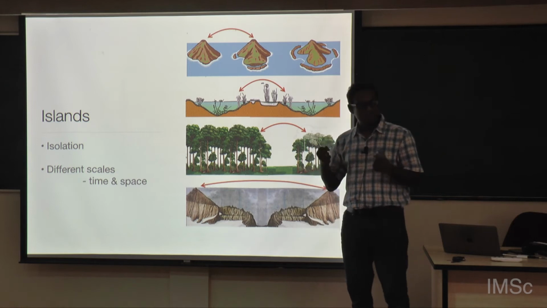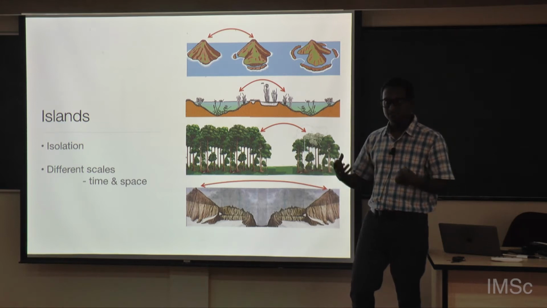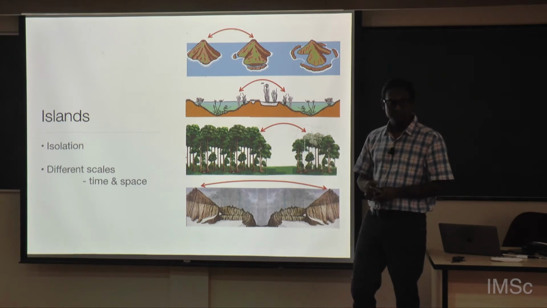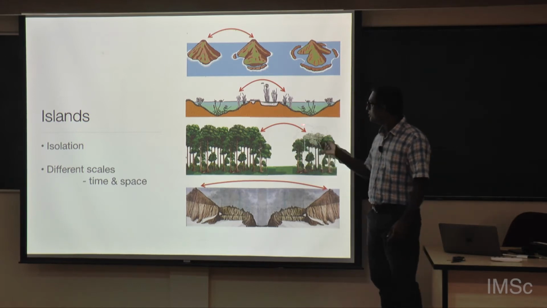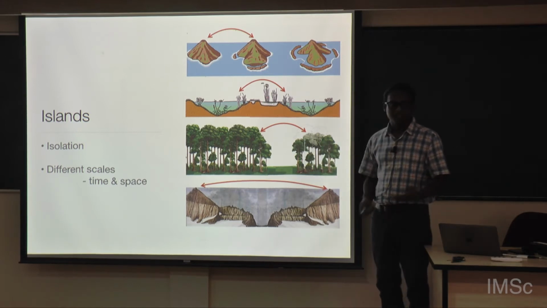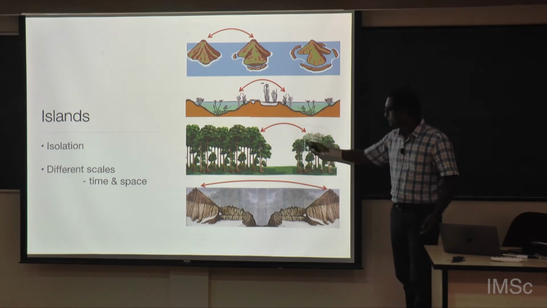It's not that they are islands that causes differentiation and speciation; it's the isolation. You could have that isolation even if water bodies are separated by land, or forests that are deforested.